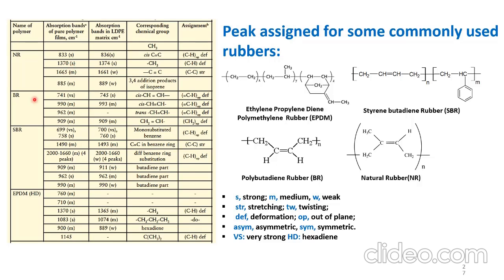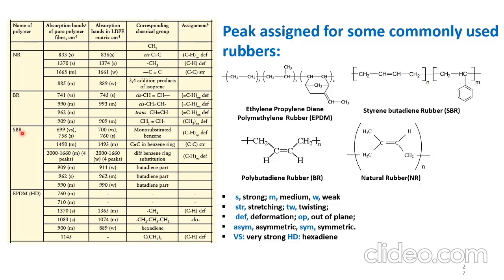Again for butyl rubber, we have four sets of peaks. Then for SBR, again there are peaks for the benzene and butadiene part.